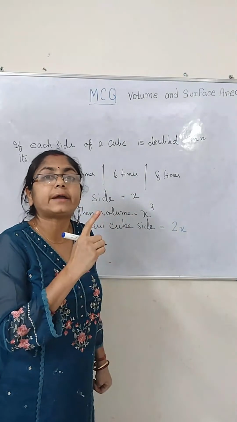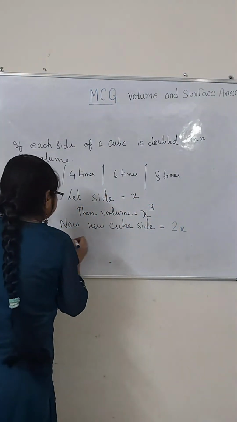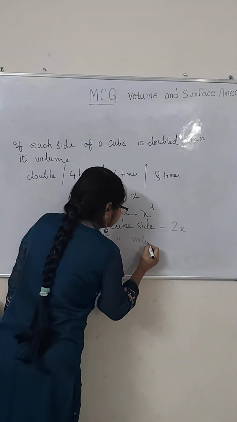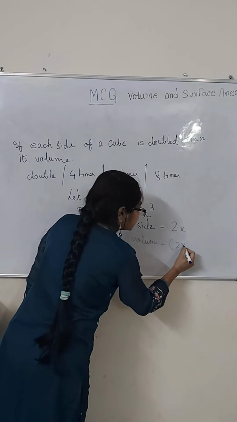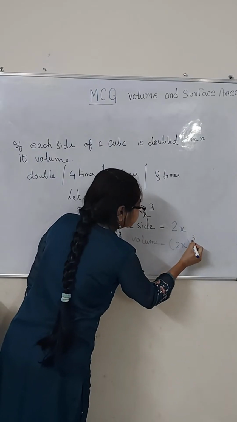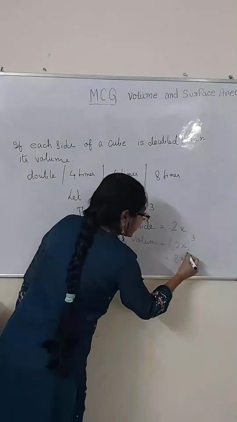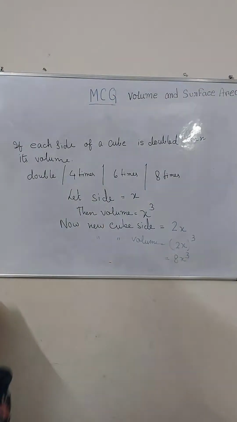Now you find out the volume of that new cube. New cube volume is 2x whole cube, which is 8x cube. Up to this one, is it clear?